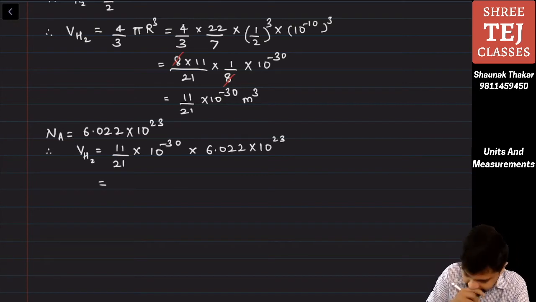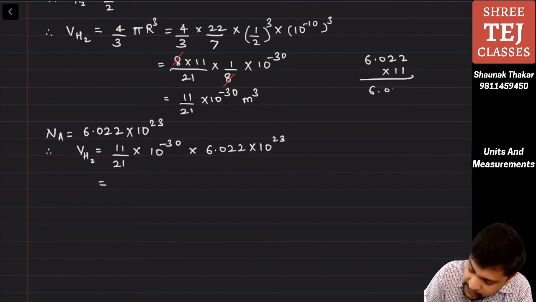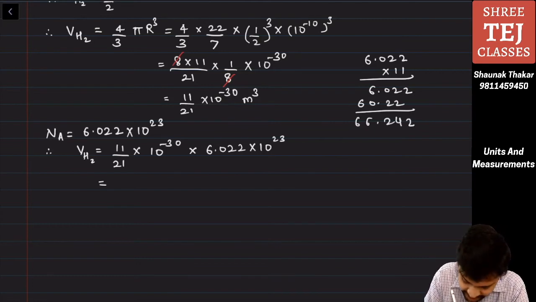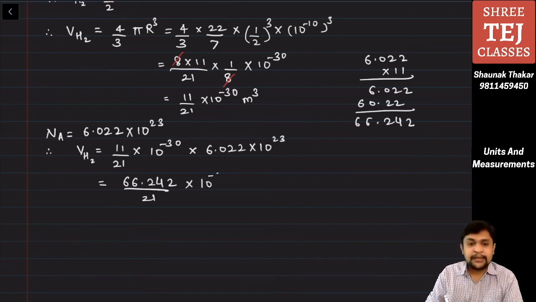So this will be 11 into 2. So 6.022 into 11. So this is 66.242 upon 21 multiplied by 10 to the power minus 7.